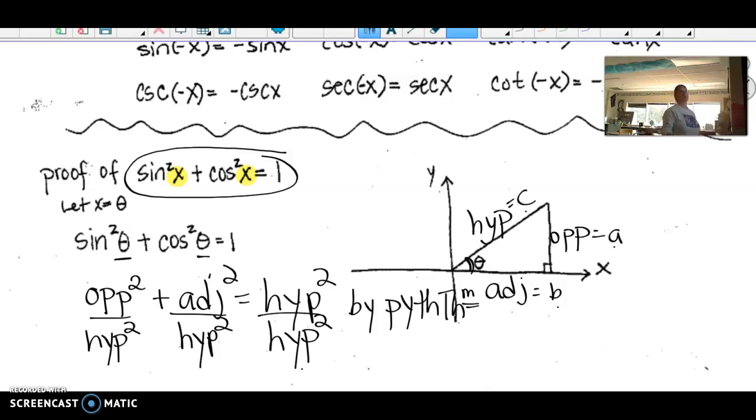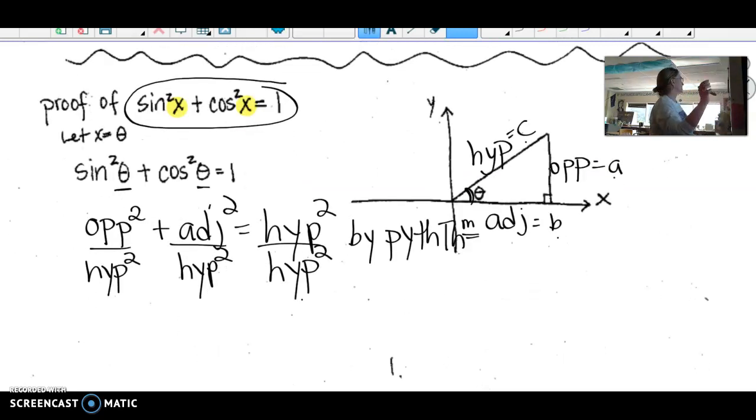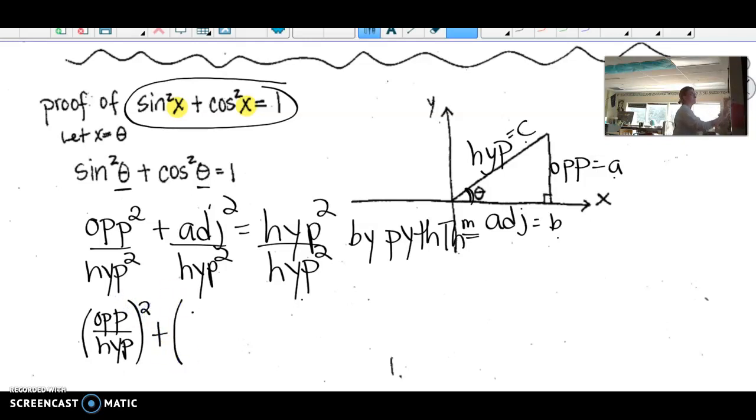And then simplifying this, we have the opposite over hypotenuse, which, since they're both squared, one of the properties of exponents lets me write as opposite over hypotenuse, that quantity squared. This I can write as adjacent over hypotenuse, that quantity squared. And then hypotenuse squared divided by the same thing is 1. So now I have my 1 that I'm looking for.